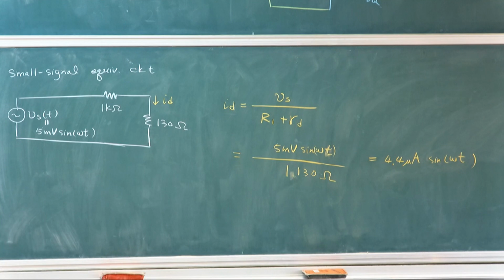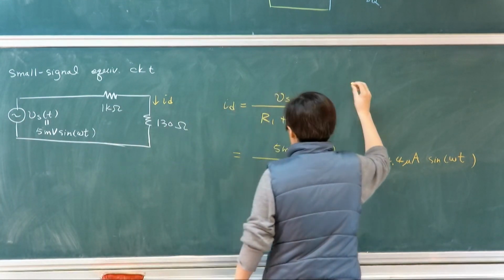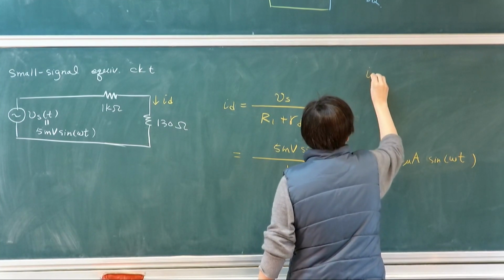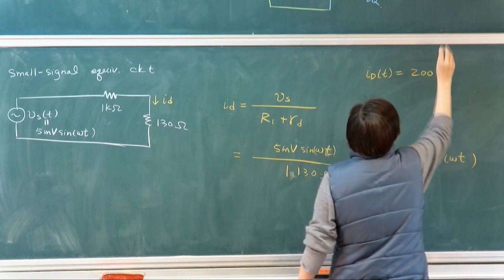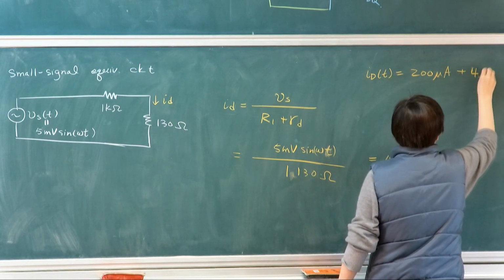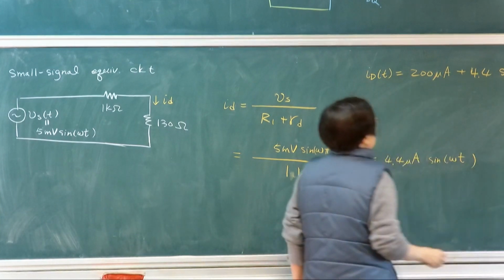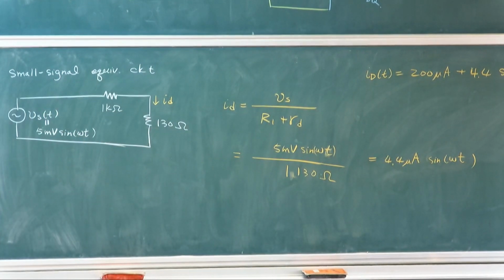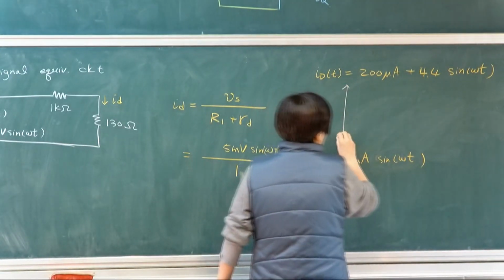Okay, this is just to show you how you approach getting the ultimate results. So your ultimate response, our final plot, the final response is the total current, will be standing at 200, that's 0.2 milliamp, that's 200 microamp plus 4.4 sine omega t. So if I ask you to plot, you should be able to know that it will look something like this.